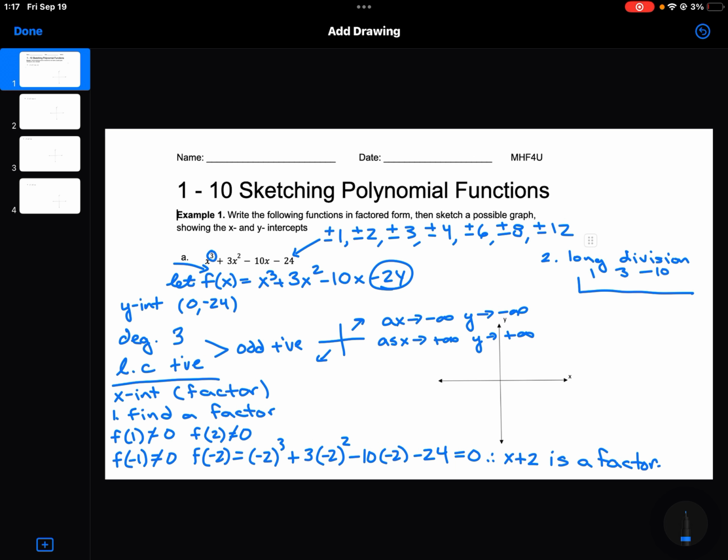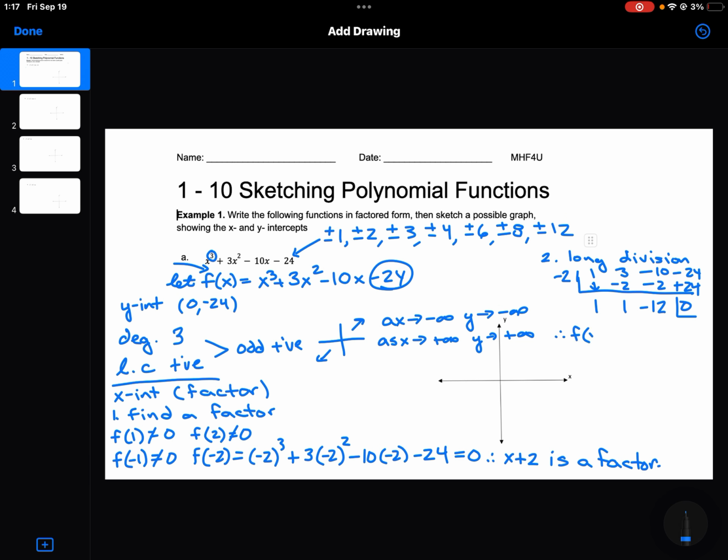So 1, 3, minus 10, minus 24, and I'm going to put my factor out in front: minus 2. Completing synthetic division gives me 1, minus 2, minus 12, and then minus 20, positive 24, which gives me 0, which means that I have a factor.